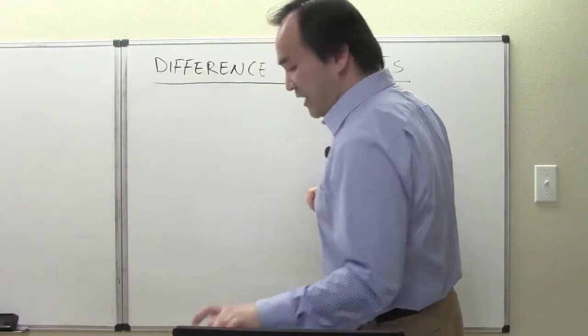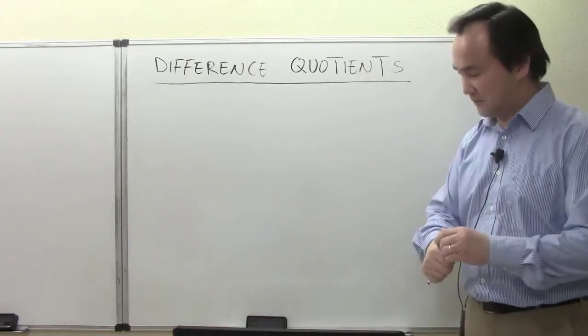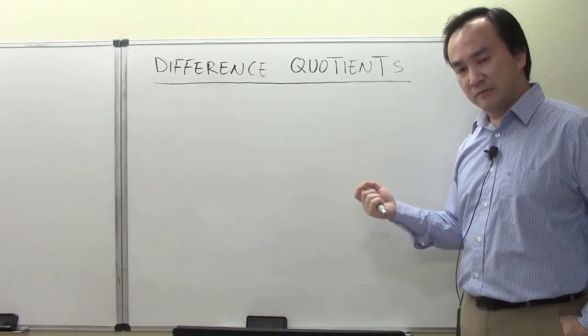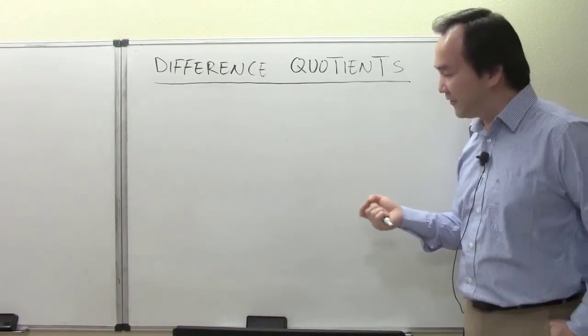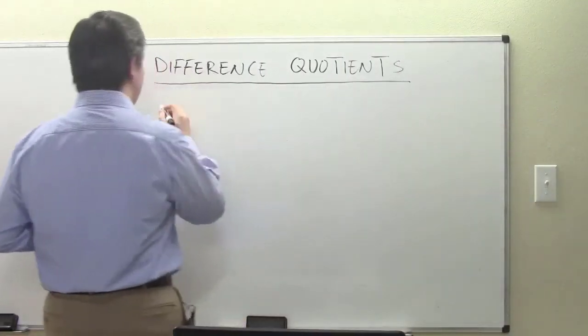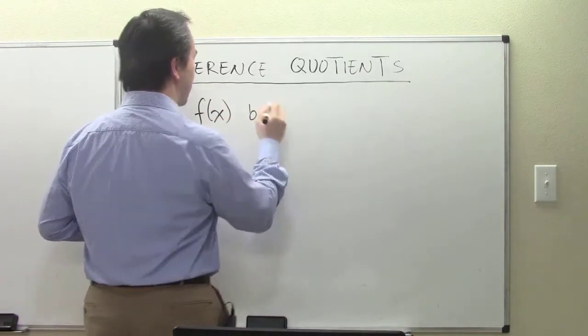Before we get started, I will quickly remind you what a difference quotient is. I'm going to take this space of my board to write down a pretty famous and standard definition of what a difference quotient is. We're going to start out with a function. So let f of x be a function.